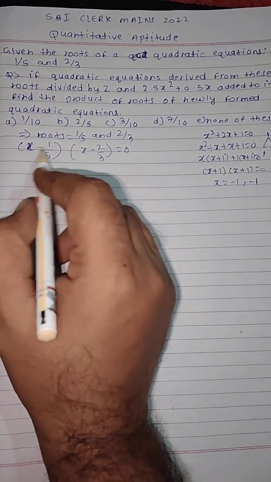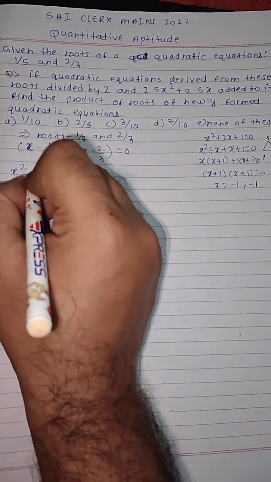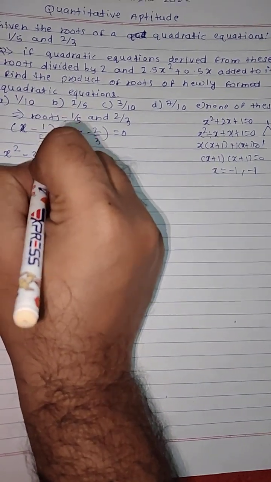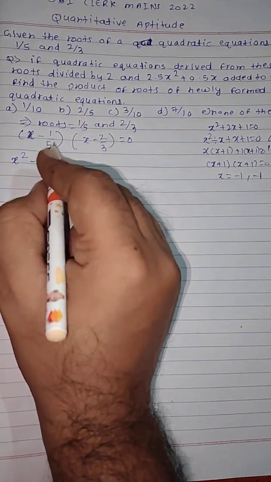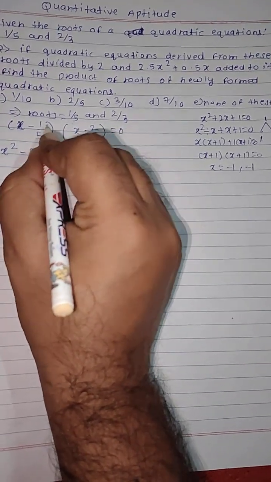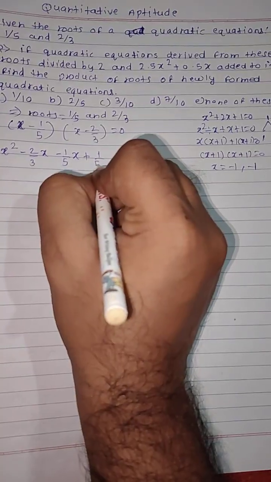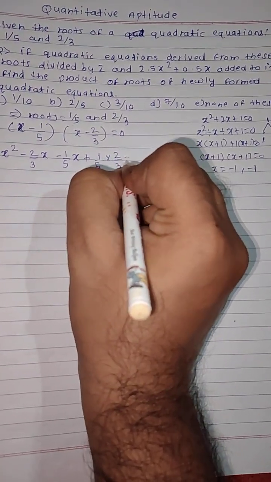So x into x will be x square, x into minus 2 by 3 will be minus 2 by 3x, minus 1 by 5 into x will be minus 1 by 5x, and minus into minus is plus, so plus 1 by 5 into 2 by 3 equal to 0.